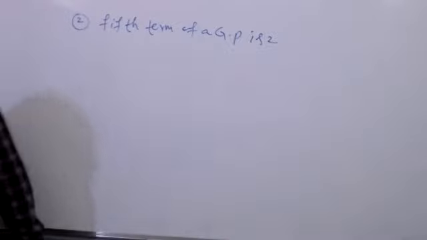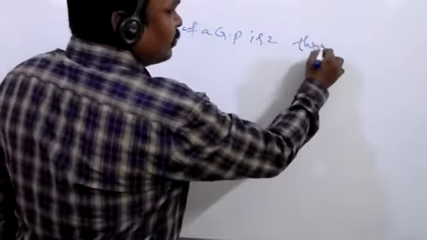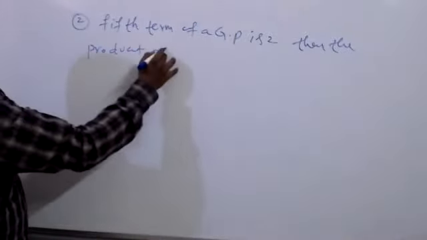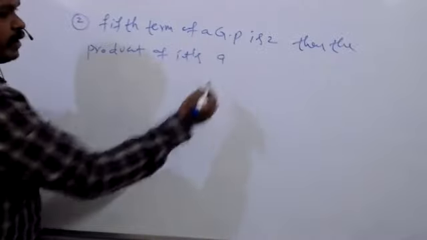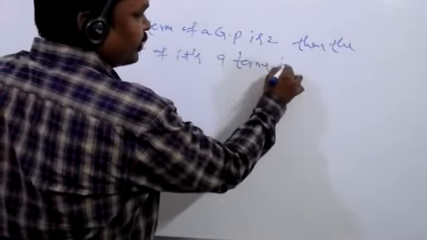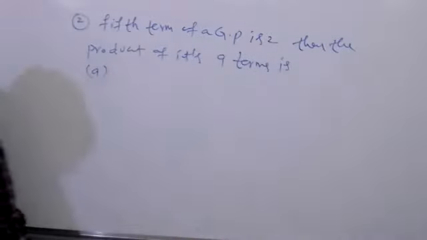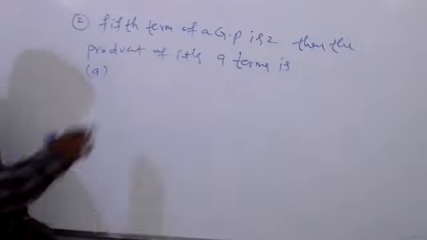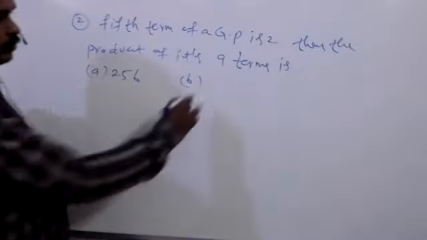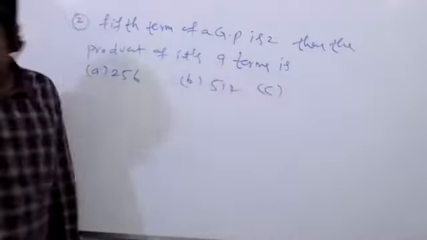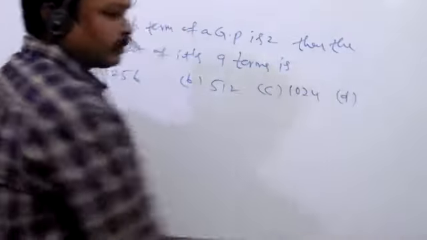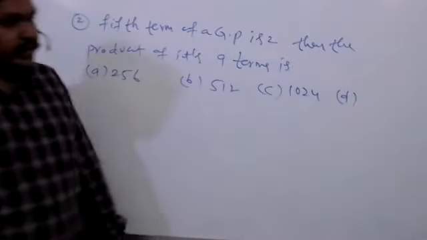Then the product of its 9 terms is: option A 256, option B 512, option C 1024, option D none of these.